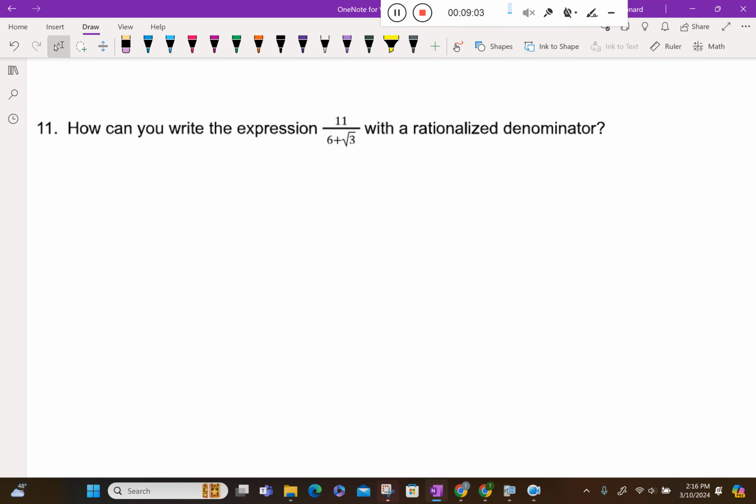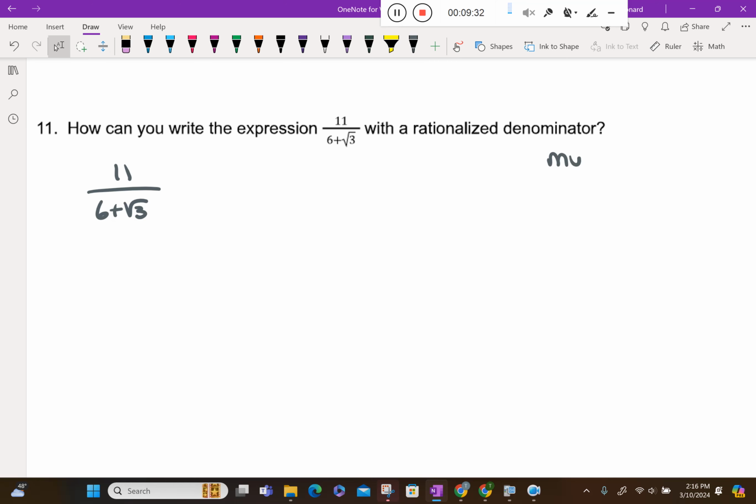The last problem we're asked to do here, we've also done something comparable to this back in our quadratics unit when we worked with complex numbers. So we have 11 divided by 6 plus root 3. Remember, I can't multiply by just the root 3 because that'll simply move the root 3 over onto the 6. I can't multiply by 6 plus root 3 because we'll just end up with a different term in the middle that includes a root 3.